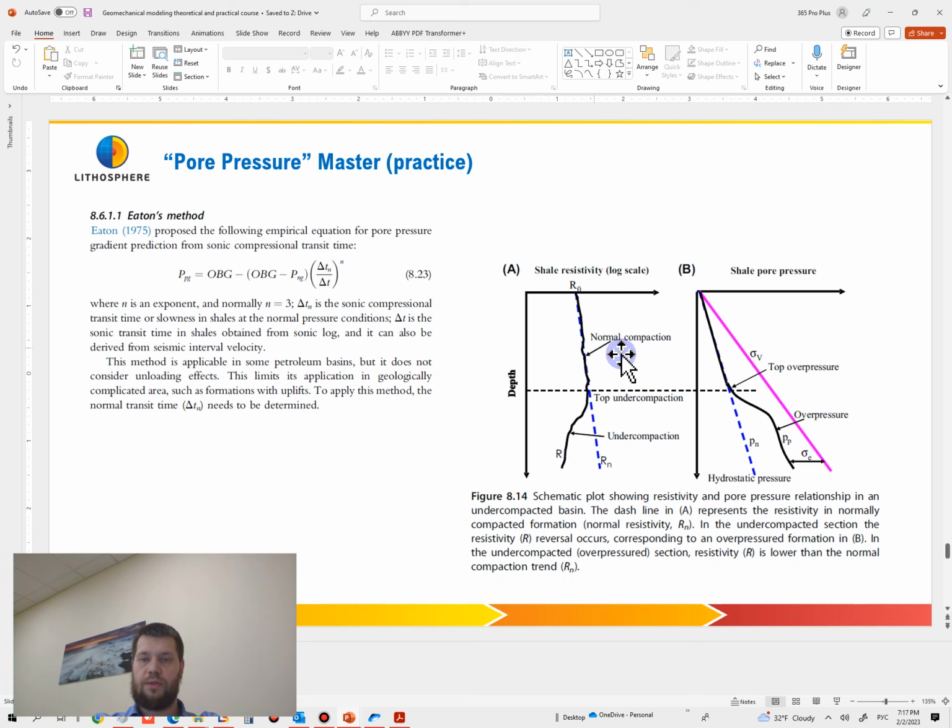It's based on normal compaction of clays, and undercompaction zones consist of abnormal pore pressure. Yes. So we will create a normal compaction trend, and on the basis of this normal compaction trend we will calculate pore pressure by this formula.